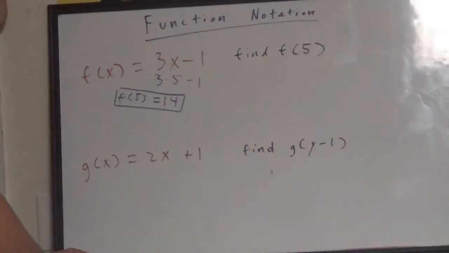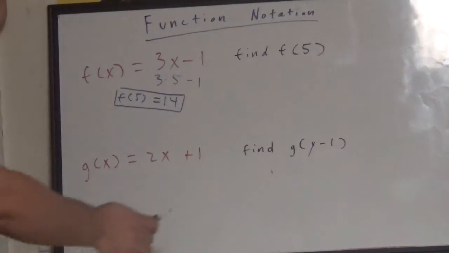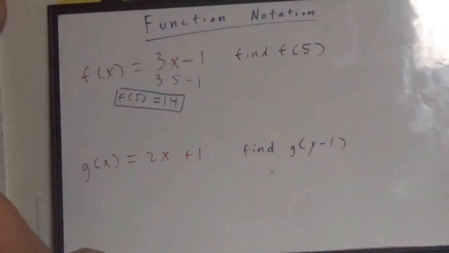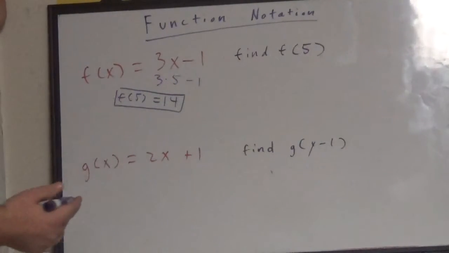Well, this looks like it will be easy if you just saw this part. However, it says find g of y minus 1. This looks more complicated.